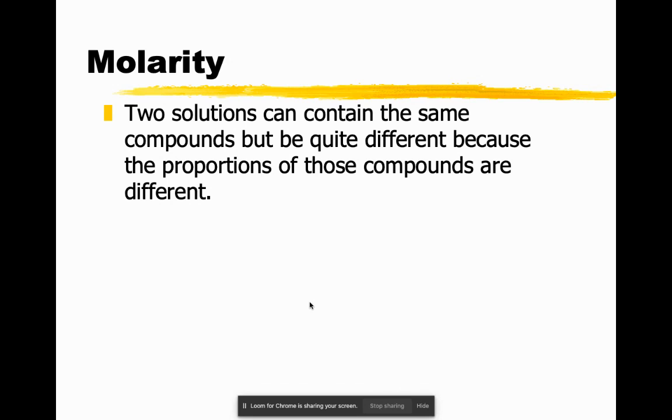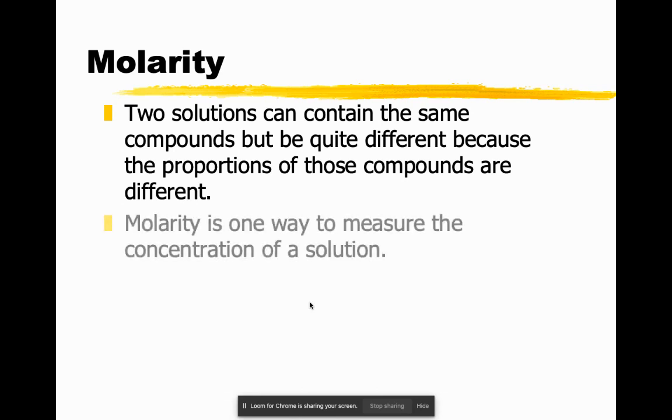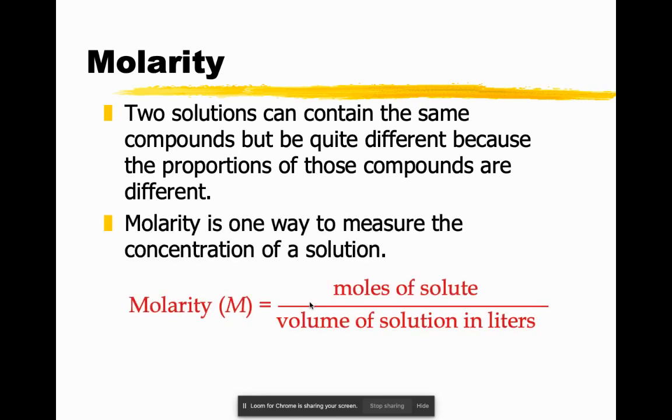If you remember, two solutions can contain the same compounds but be quite different because of the proportions of those compounds being different as well. For example, if you have a solution of H2SO4, then 6 molar sulfuric acid is different from 12 molar sulfuric acid.